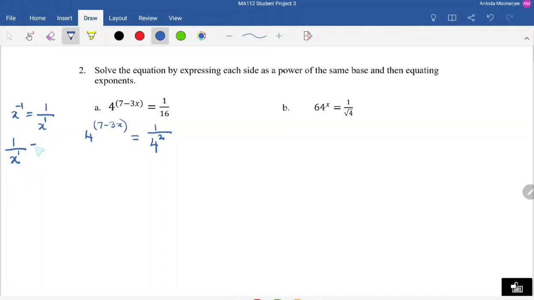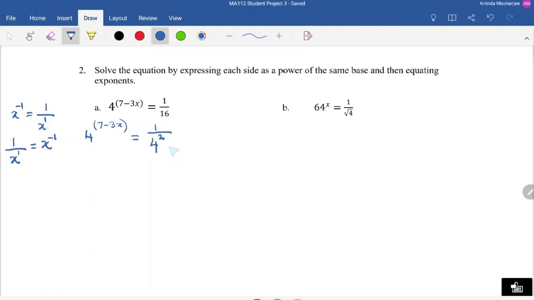We can rewrite this as x to the negative 1. So this positive exponent in the denominator will become negative when we take the reciprocal, or when we flip the numerator and the denominator, correct? We are going to use the same idea to bring 4 squared over to the numerator.